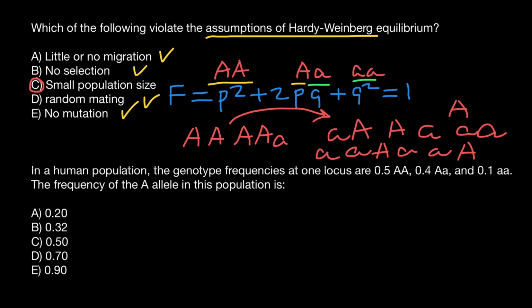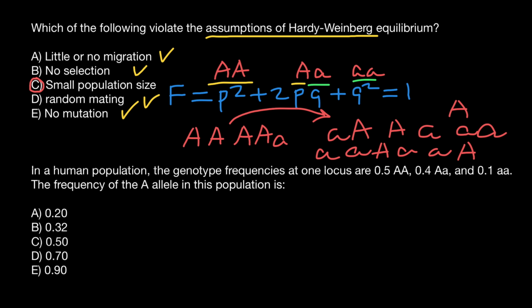And next question: in a human population, the genotype frequencies at one locus are 0.5 for the dominant genotype, 0.4 for the heterozygous genotype, and 0.1 for the homozygous recessive genotype. The frequency of the dominant allele in this population is... and the calculations are going to be very easy.